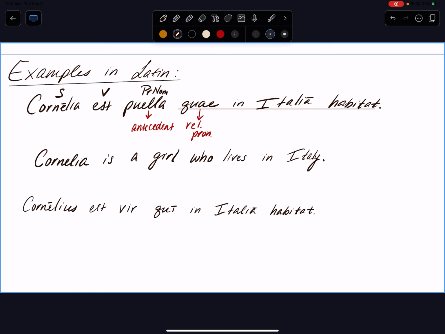Okay, all right, so here it's a similar sentence structure. We've just kind of changed who the subject is. So we've got my antecedent. What's the word that's the antecedent?